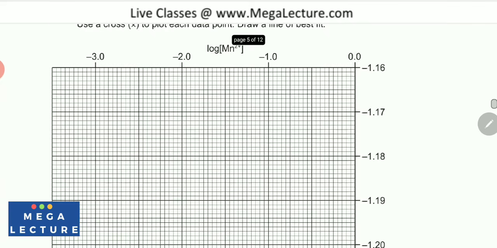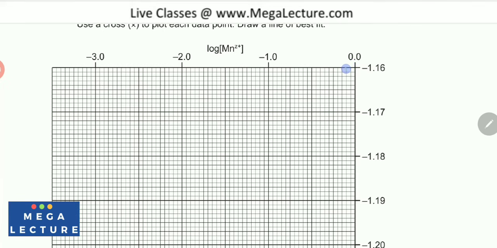Now be very careful when you're reading this scale. Make sure you know how many boxes, what does one box represent. Over here there are 20 boxes, so it represents a value of 1. So 0.3 would be 6 boxes. So it's going to be 2, another 2, another 2. So 0.3 would be somewhere over here.